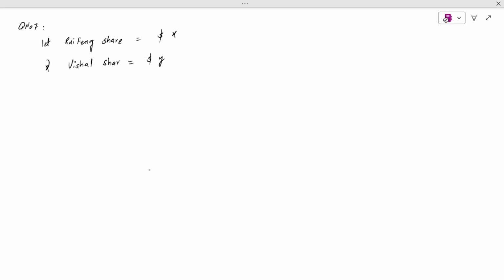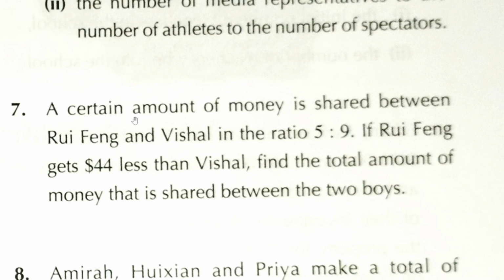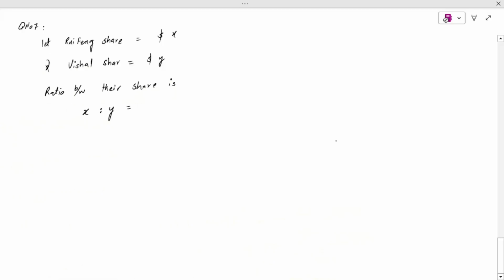The ratio between their shares is X ratio Y, which is equal to 5 ratio 9, as you can see over here. So we put this ratio equal to 5 ratio 9.